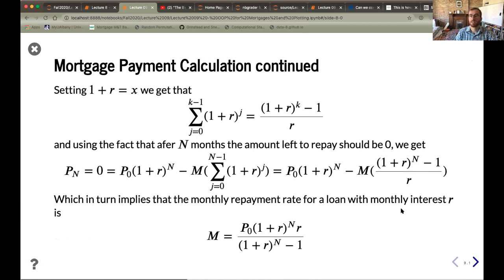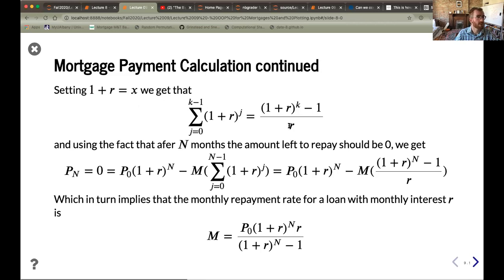All right, so what is x in our setting with mortgages? Well, it's 1 plus r. We have to pay back everything we borrowed plus r%. All right, so the sum from j equals 0 to k minus 1 of (1 plus r) to the j, you can plug in that formula. Again, this is our x to the k term. It's (1 plus r) to the k minus 1. But in the denominator, we had 1 minus x. And 1 minus x, where x is 1 plus r, well, the 1's cancel.